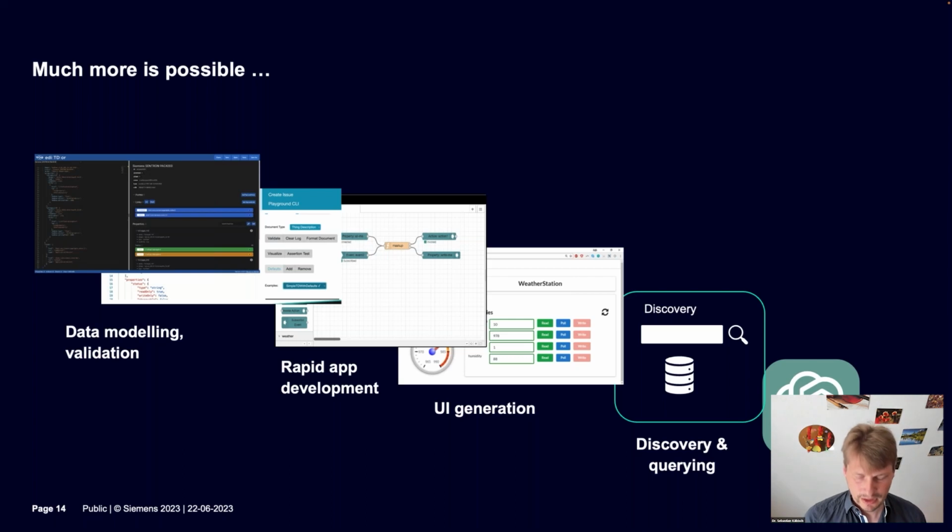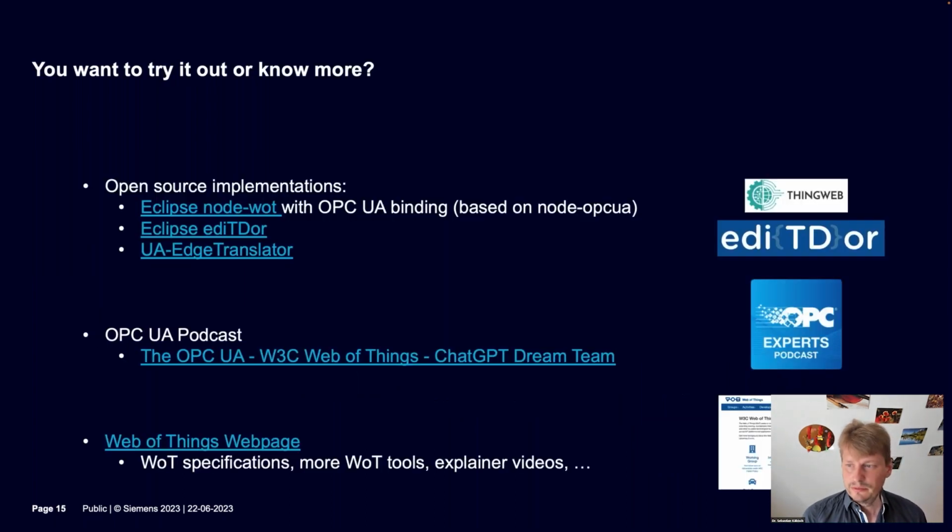to OPC UA. Well, at the end, I would like to quickly give you some inputs if you are interested in Web of Things and you want to play around with it. I can recommend having a look at the open source implementation.